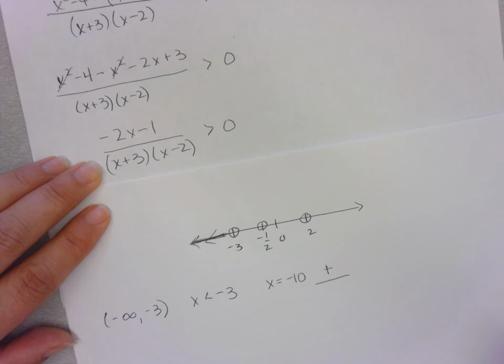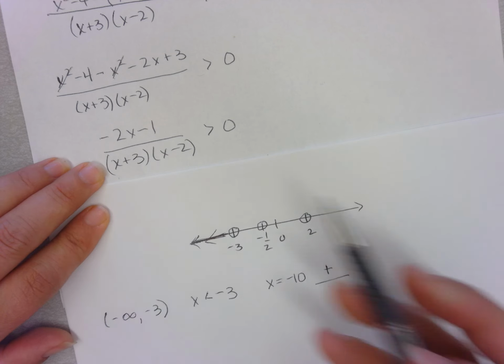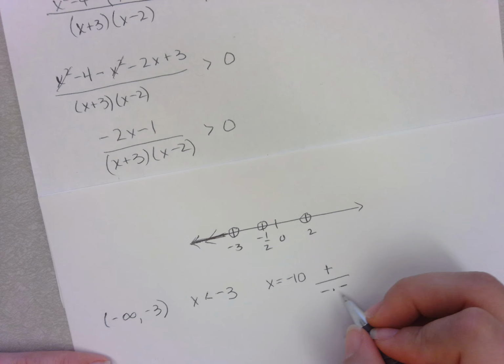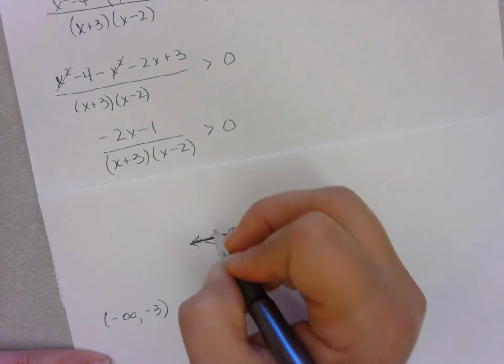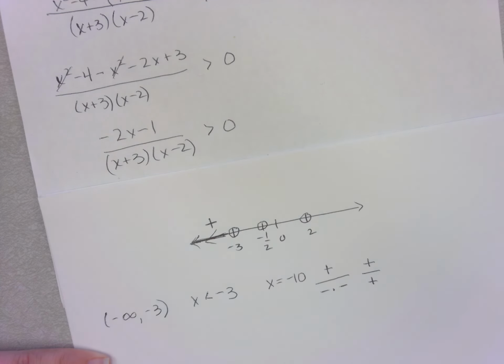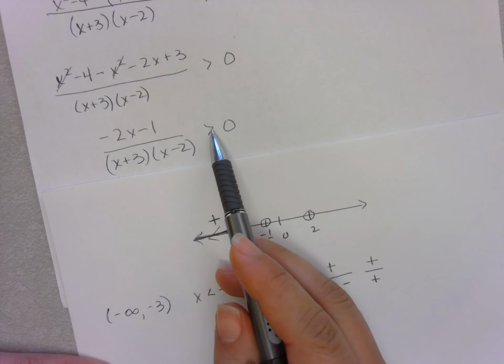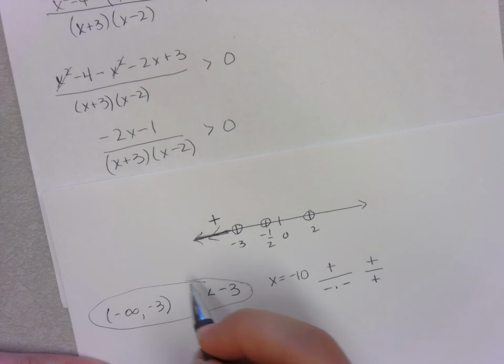And then negative 10 on the bottom, that'll be negative, so I get a negative times a negative on the bottom. Negative times a negative gives me a positive, so I get positive divided by positive, so it's positive overall. Looking at my inequality, I did want greater than 0, so this will be part of my solution.